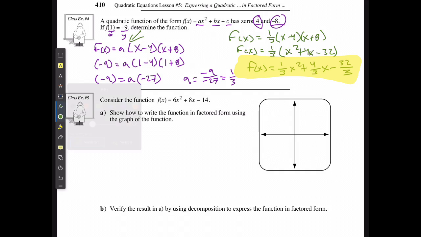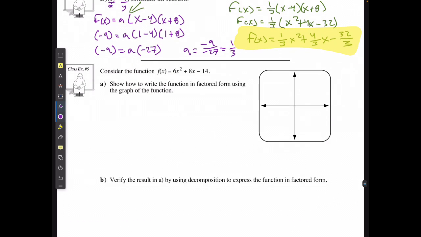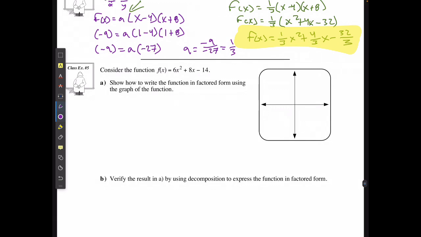For the last example, consider the function f of x is equal to 6x squared plus 8x minus 14. Well, if I'm going to show how to write the function in factored form using the graph of the function, the first thing is I'm going to find the x-intercepts of the graph. So I would graph into my calculator y is equal to 6x squared plus 8x minus 14.